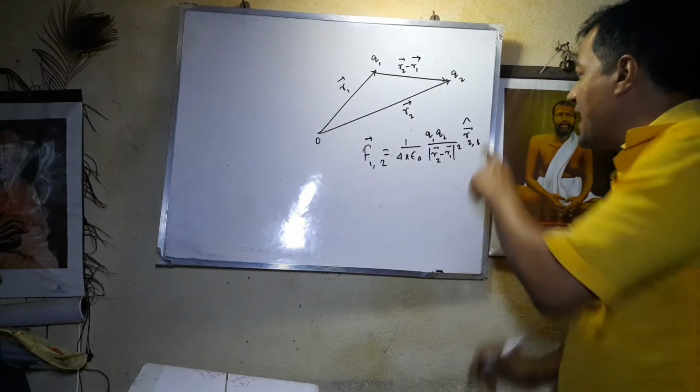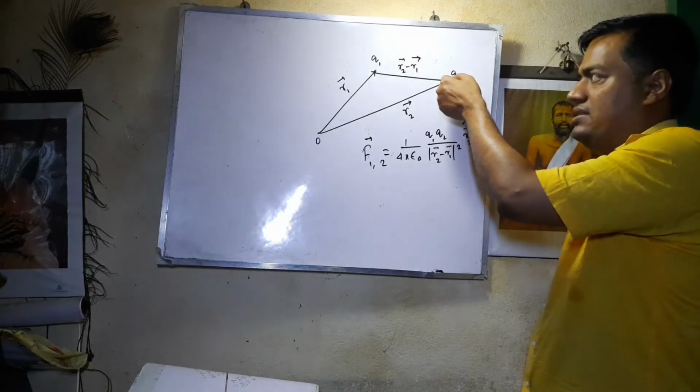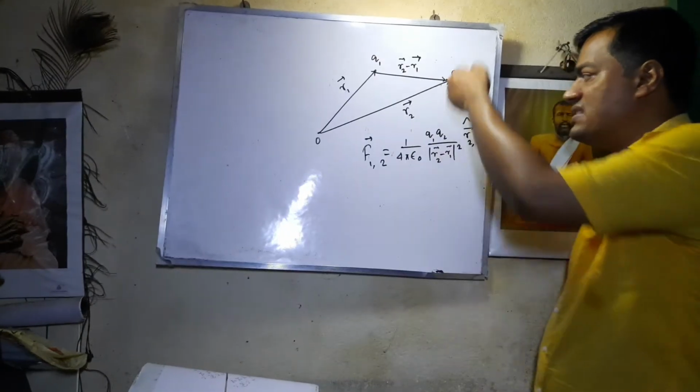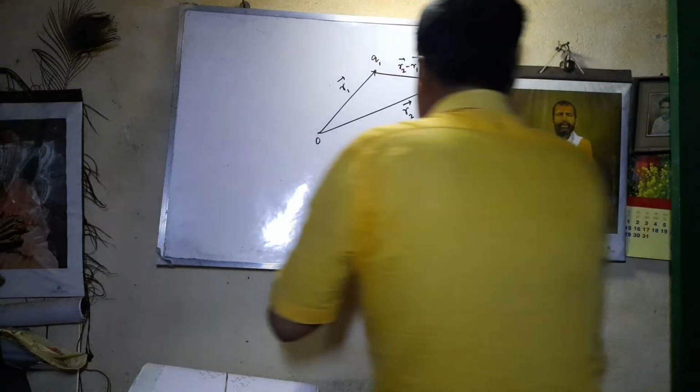So R21 cap is a unit vector in the direction of the second charge as measured from the first charge, and I am giving a negative sign here.